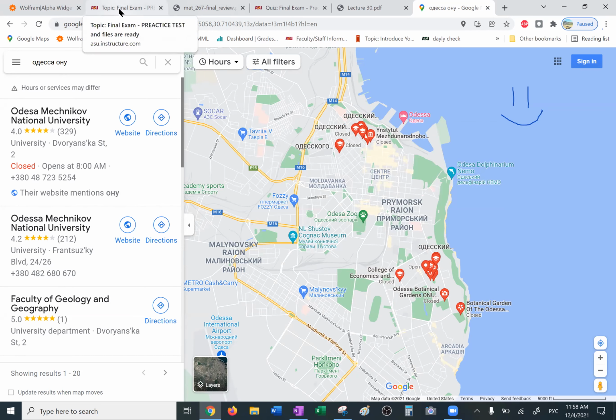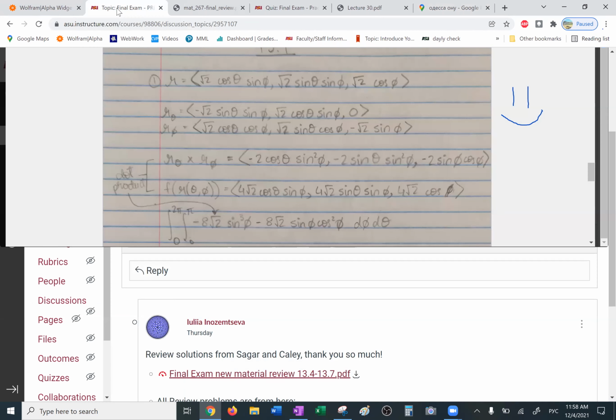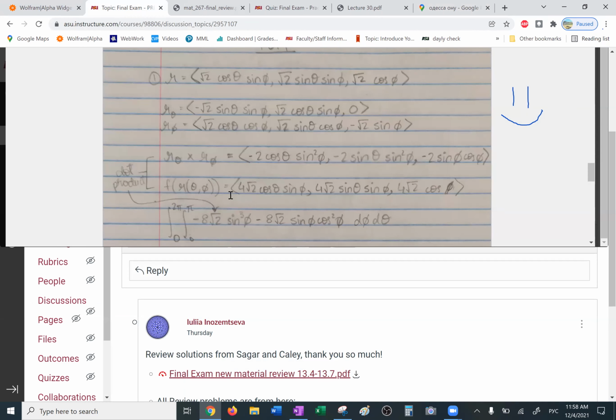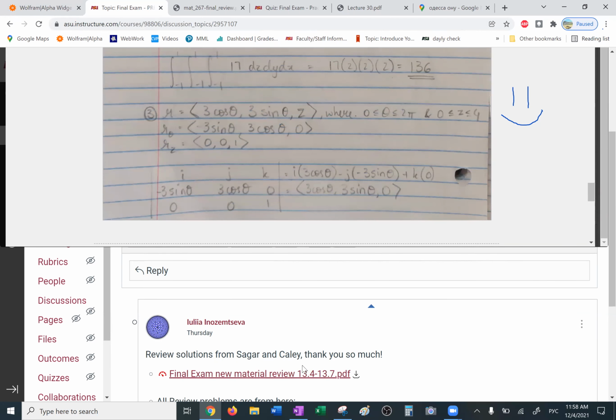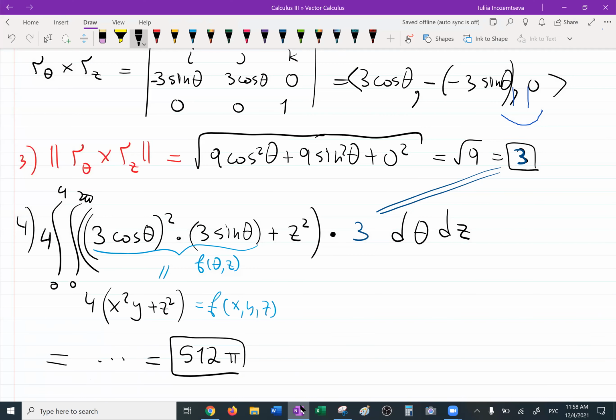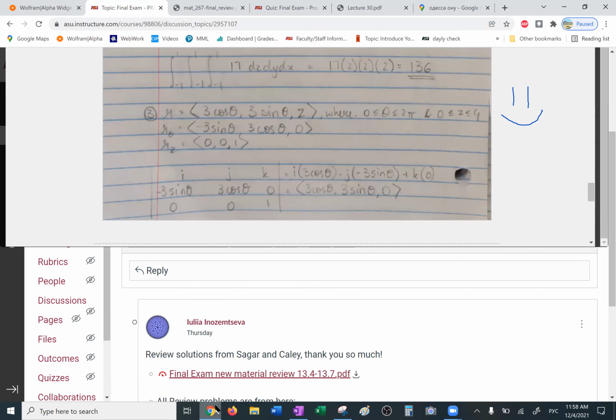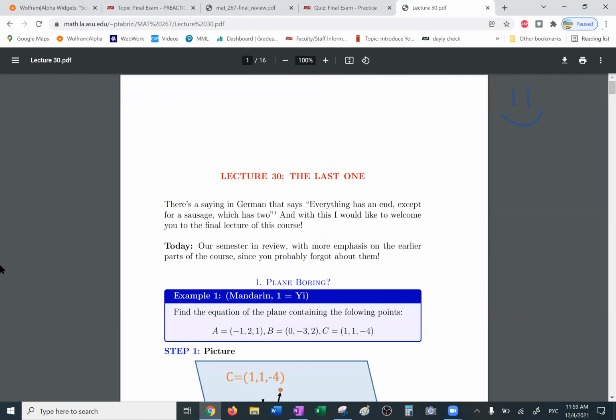Anyway, let's keep going. So I did this example, number three. Remember that. Let's go back to the topic of switching the coordinates, which was here. So let me close this. Switching the coordinates.